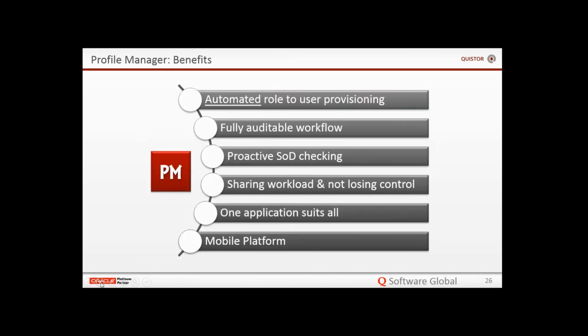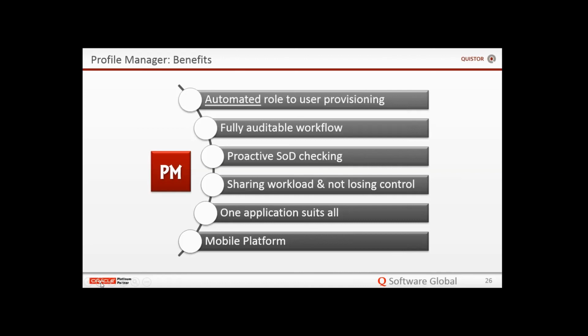So just to summarize where we've come and where we've gone, the benefits of this streamlining of user provisioning. First of all, it automates that whole manual, that horrible manual process that we talked about earlier on. And because it's automated and because it's within JDE Edwards, it's fully auditable.